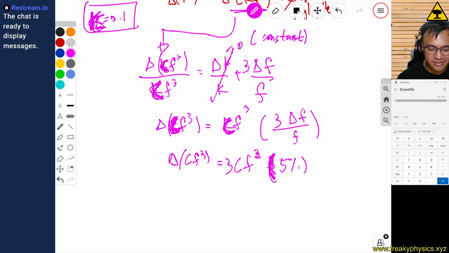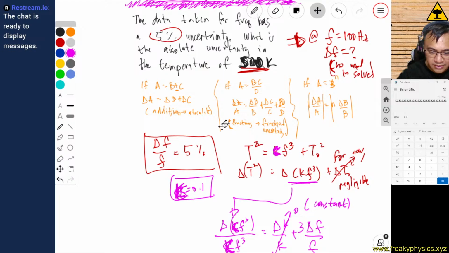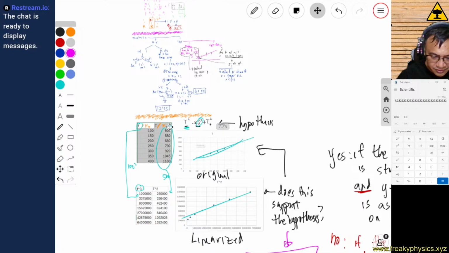Okay, so that's it. So that's the uncertainty in cf cubed, right? So our c is 0.1, 3 times 0.1. Our f cubed, our f was in the problem. Let's go back. Our f, temperature 500K, look at the data. That's 100 hertz.